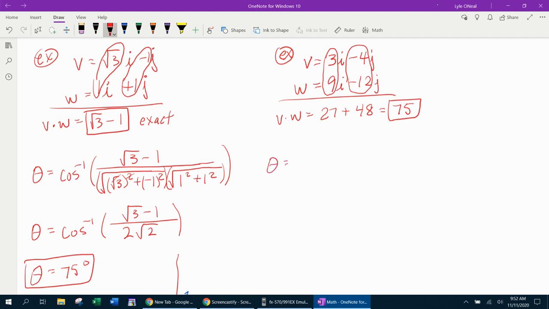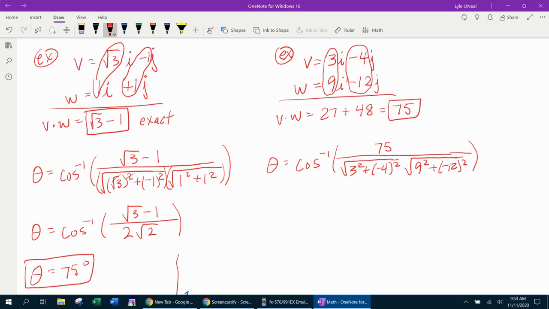Next, for the angle between the two vectors, that's going to be the inverse cosine of the dot product divided by the magnitudes multiplied. 3 squared plus negative 4 squared. Plugging into the magnitude formula twice. 9 squared plus negative 12 squared.